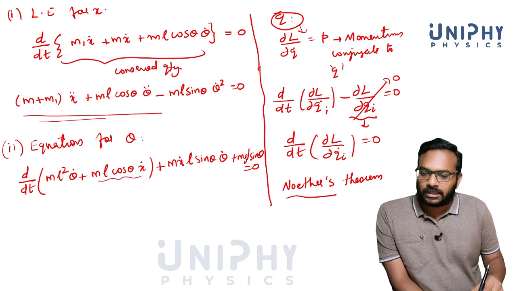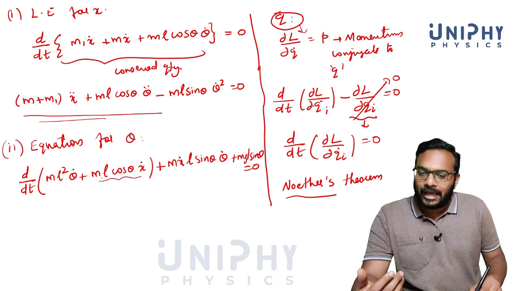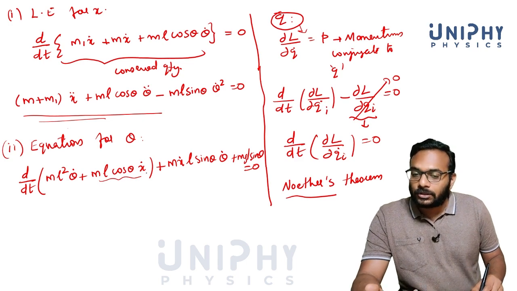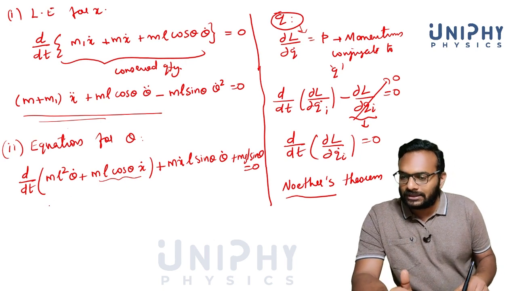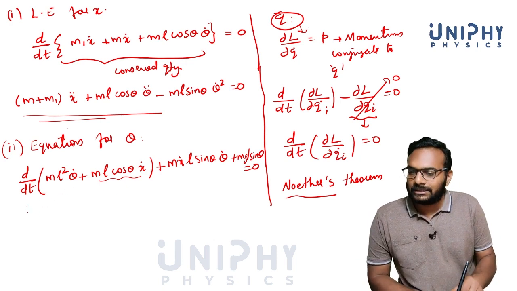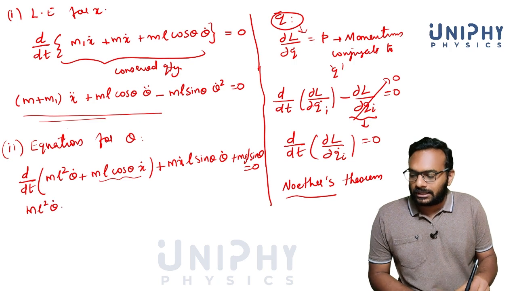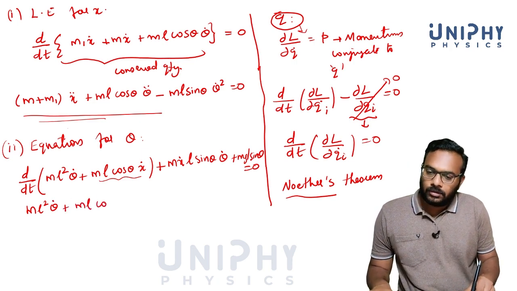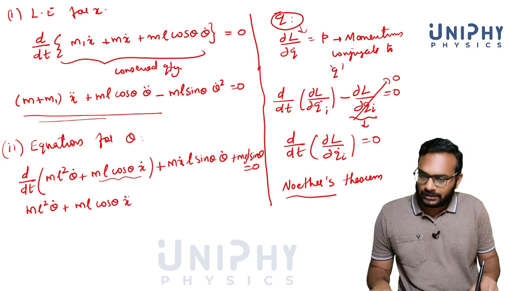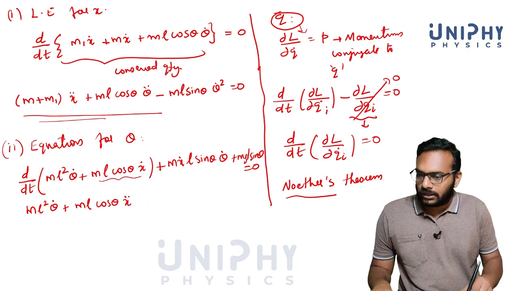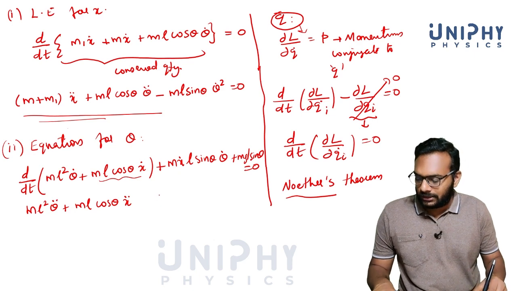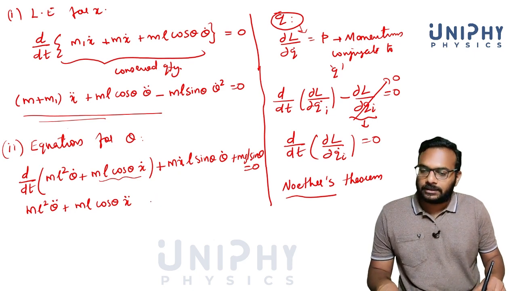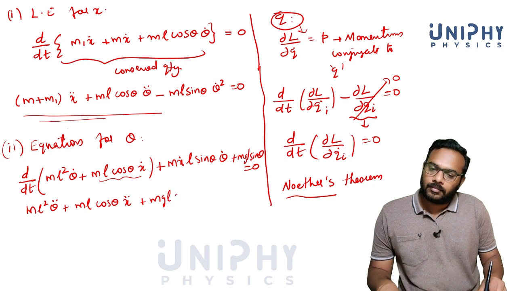So if you take the time derivative, all right, you see that there is a term minus m x dot sin theta theta dot, and they will get cancelled. You will have to use the product rule there. So you just simplify this and you will get the final result as ml square theta double dot plus ml cos theta x double dot. You can check this, all right, plus mg L sin theta is equal to 0.